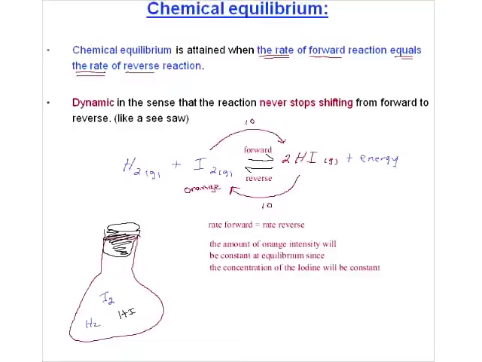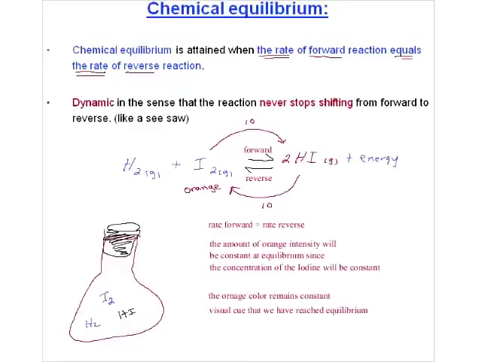And the reason for that is because the concentration of iodine is going to be constant, because if 10 break down, 10 more come back to replace it. Or 100 or 1,000,000 or whatever, right? 1,000,000 go forward, 1,000,000 come back, or large numbers. But whatever it is, the rate forward is going to equal the rate in reverse. And because of that, the iodine concentrations are going to be held constant.